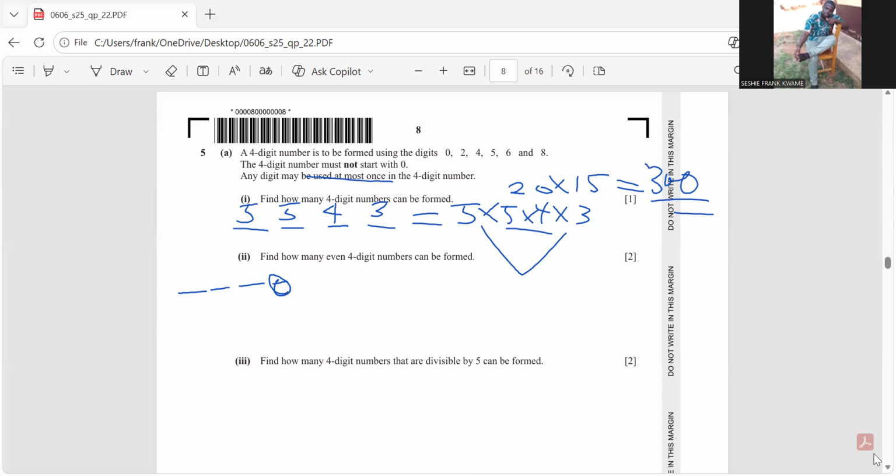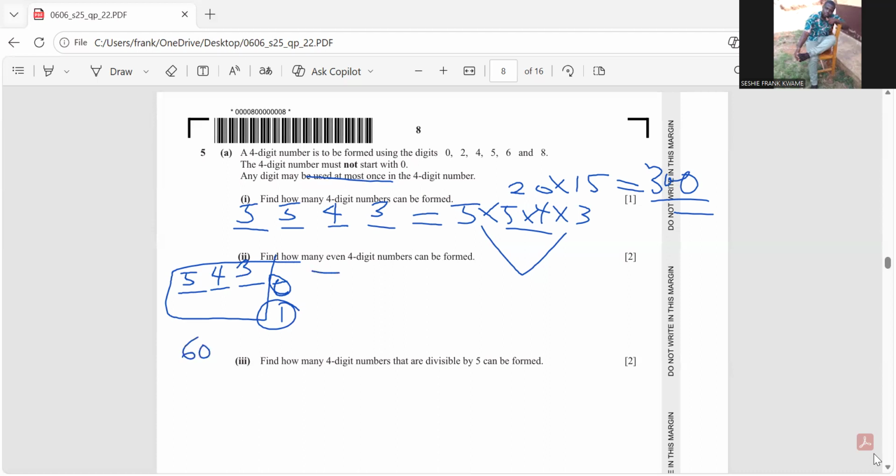In that situation, it means that we have 1 option here. So we need just these 3 to be able to solve. The last digit is 0. We can choose from the remaining 5 numbers here. Then we have chosen 1 number, so we have now 4 numbers to choose from. Then we have 3 to choose from. So 5 times 4 times 3 should give me 60.